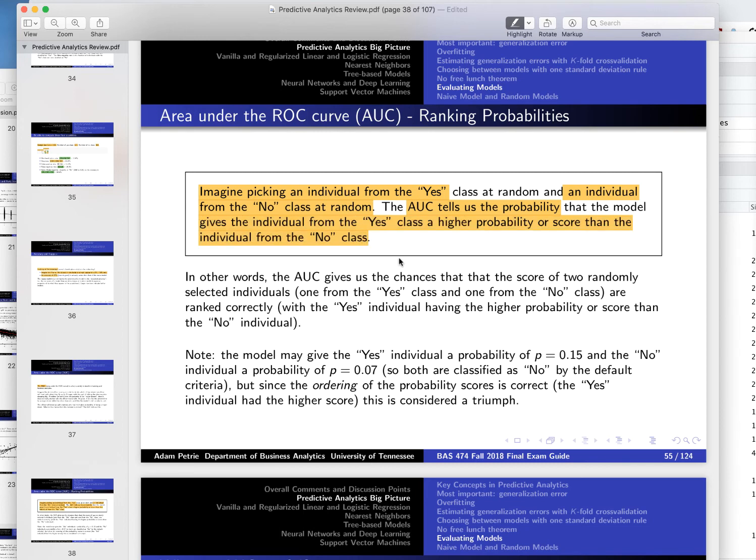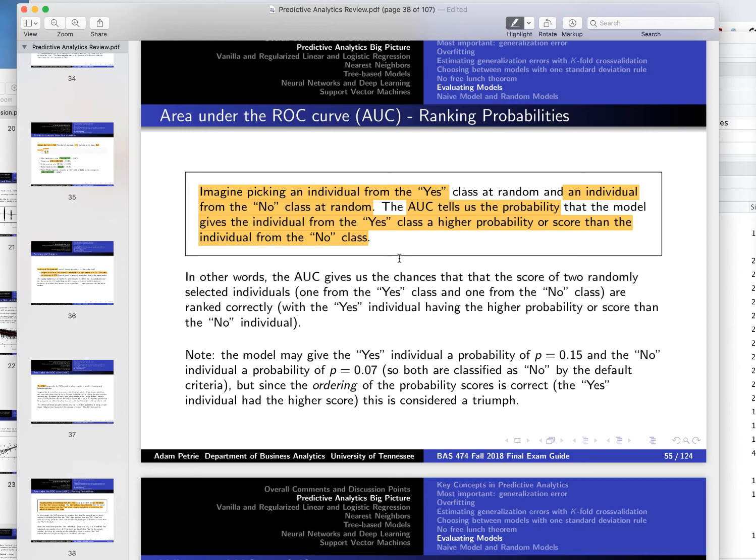So if you're working for KKBox and you're trying to figure out who are the most likely churners out there, well, your positive class would be the churners, that's your yes class. You want to make sure that your model is assigning higher churn probabilities to those that actually belong in the yes class, the churn class, than in the no class.